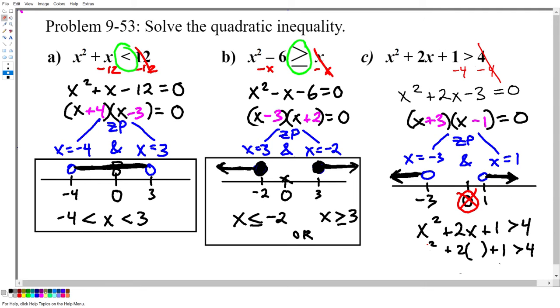Let's try plugging in the number 2. Okay, let's see if 2 works. If I plug in 2, 2 squared is 4. 4 plus 4 plus 1. Is that greater than 4? Absolutely. 2 is a solution, and anything greater than 1 is also a solution.